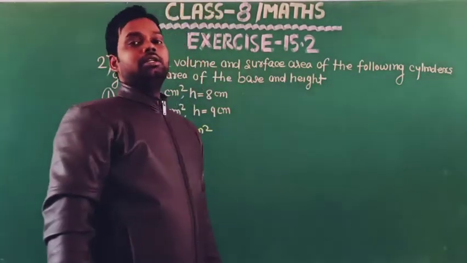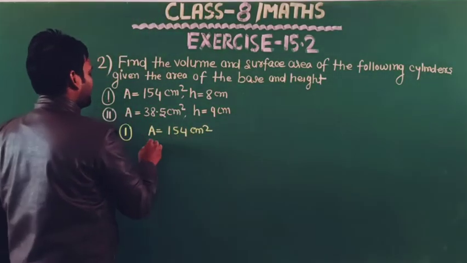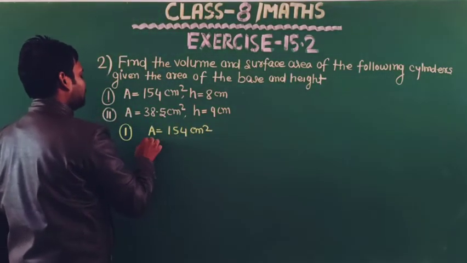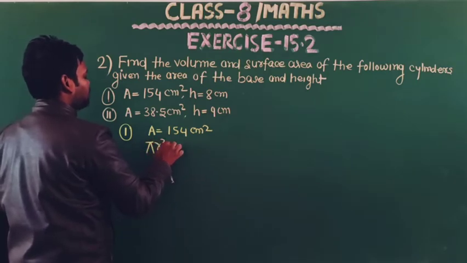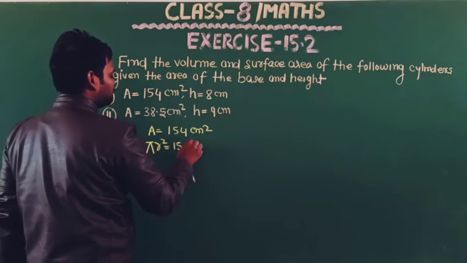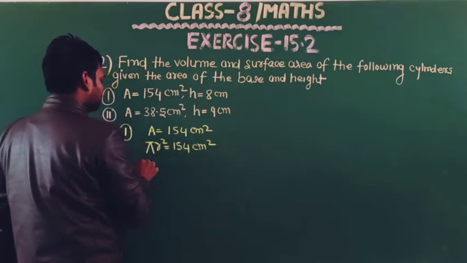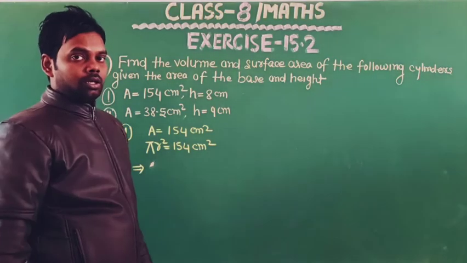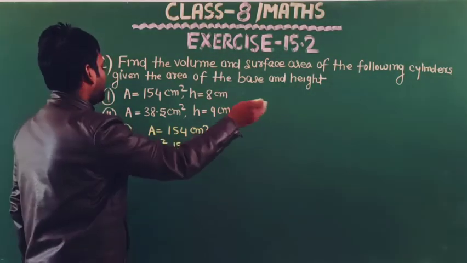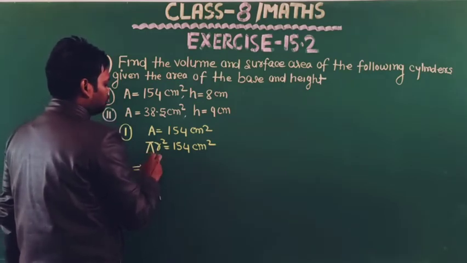We know the formula for the area of the circular base of a cylinder, which is the area of a circle, pi r square, equal to 154 centimeter square. Here the radius is required, so we need to find r.